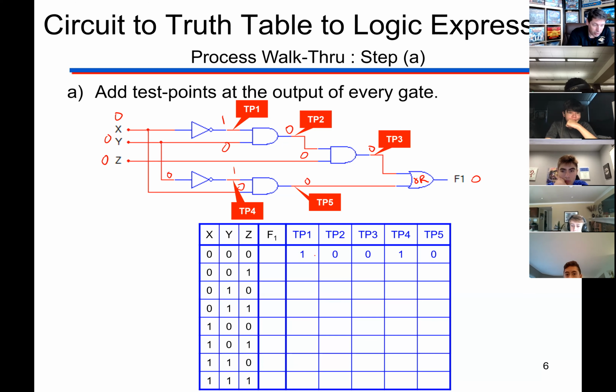So I just record in the row here, test point 1 would give me a high, test point 2 would give me an off or a low, test point 3 would be a low, test point 4 would be a high, and test point 5 would be a low. And since neither test point 3 or test point 5 is on, since they're both low signals, the output would be a low signal, an off. So if we think about this output here, it's going to be a 0.